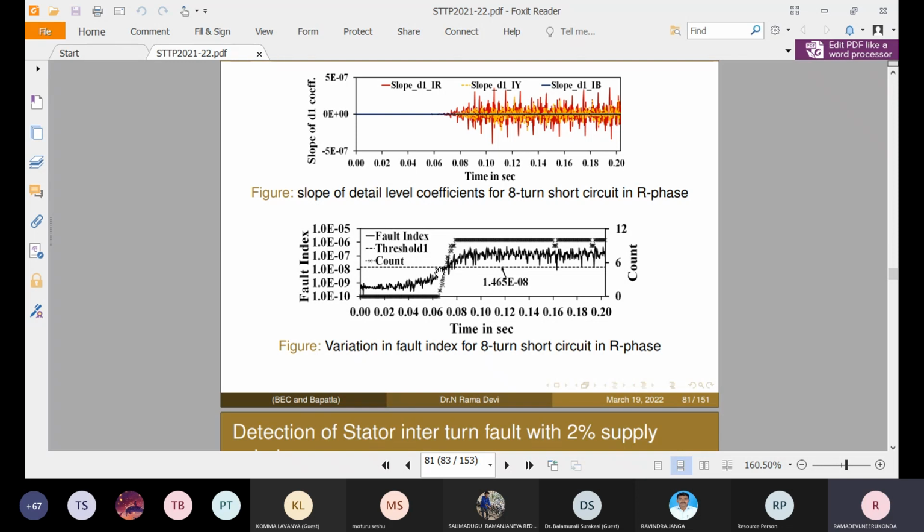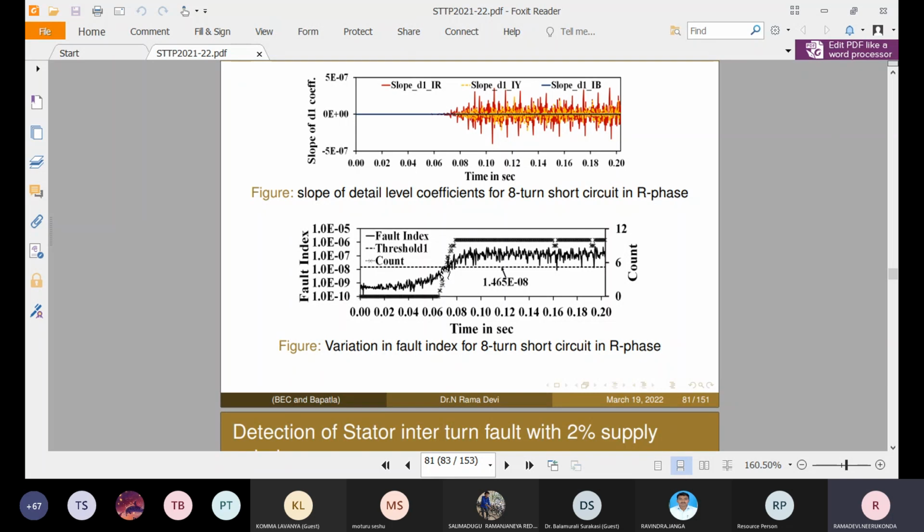From this point onwards, the window is taken as 10 samples. So with a window of 10 samples, we count when the fault index value crosses the threshold. Every crossing point of the fault index will give one count value. But here, there is no crossing point.